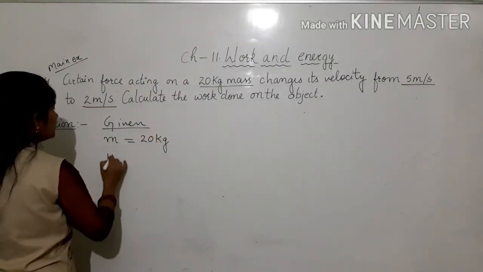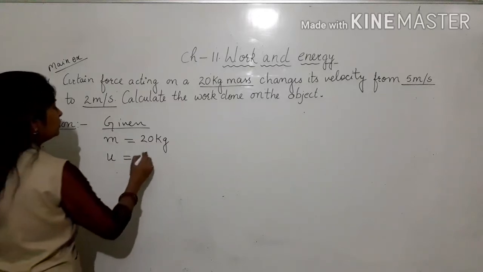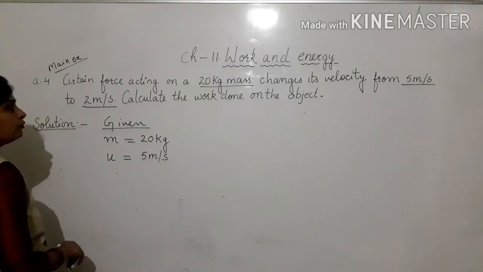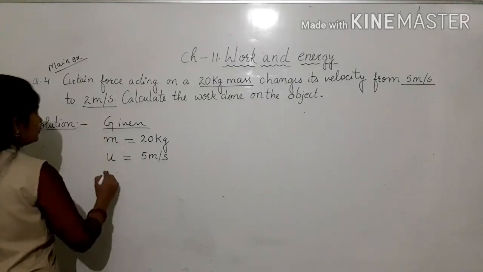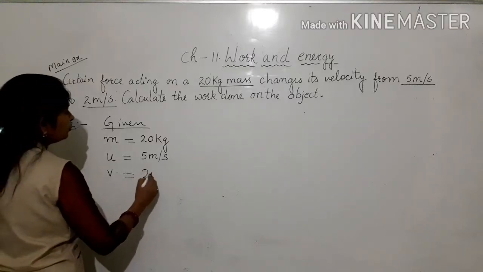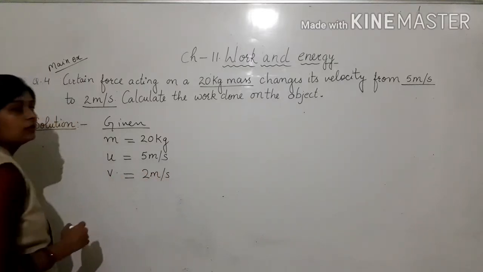It means the object's initial velocity u is 5 meter per second, and due to the force its velocity changes, and now it has a final velocity v of 2 meter per second.